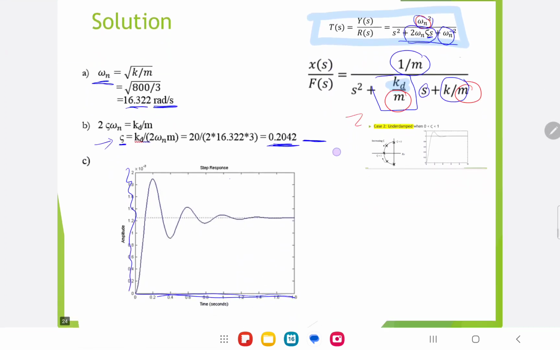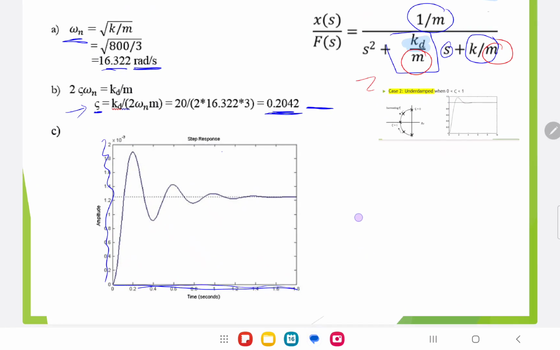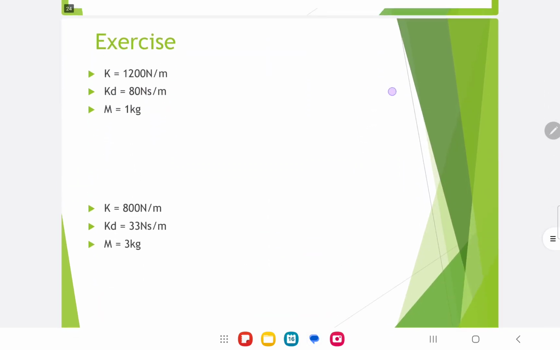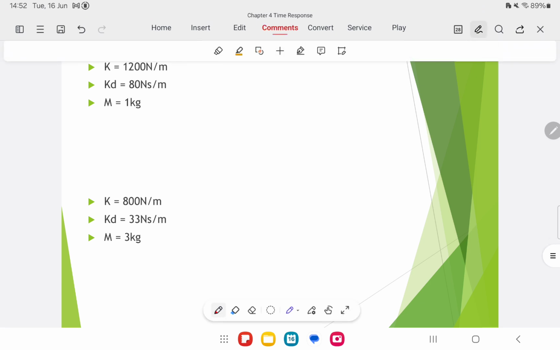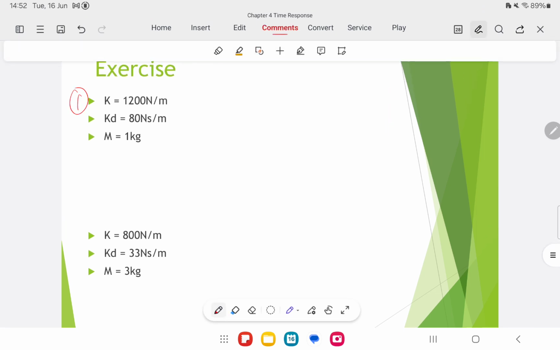Okay, semua dapat tak lukis this one? Very simple. Okay, kalau dah, we have 2 exercise kat sini. Exercise 1 and 2.